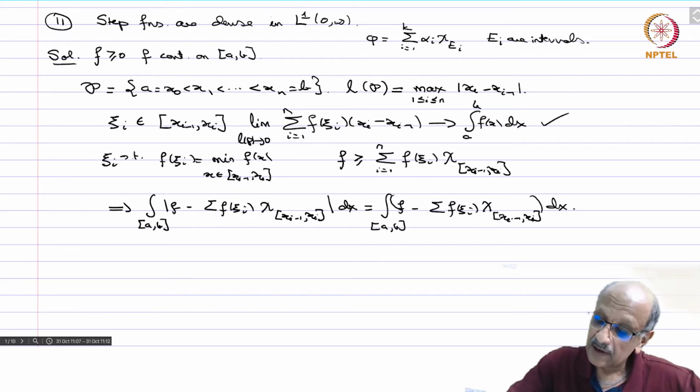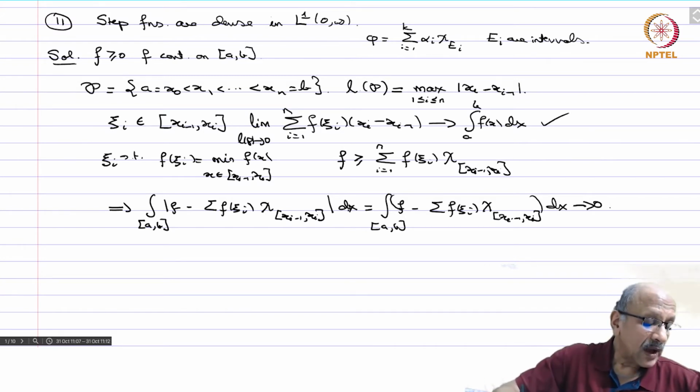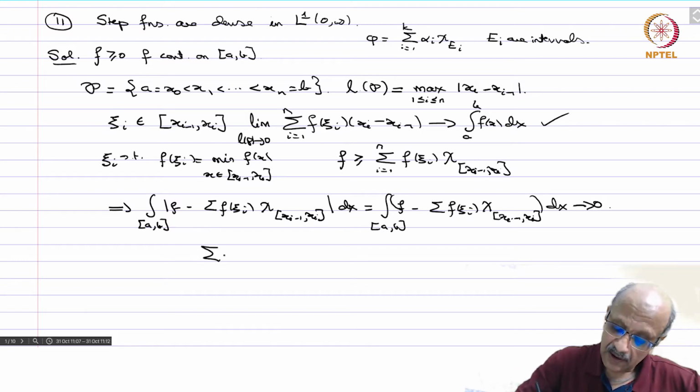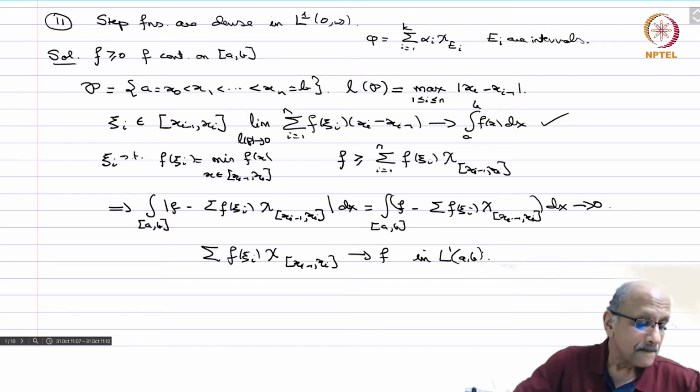Therefore this tends to 0. So you have that sigma f of xi_i chi of [x_{i-1}, x_i] tends to f in L1[a, b].